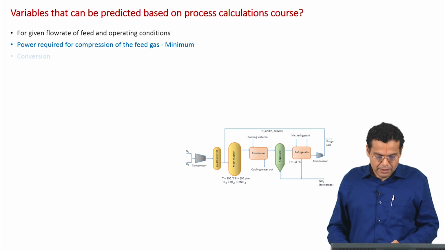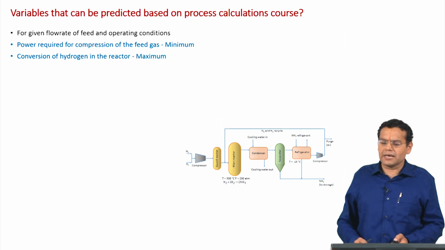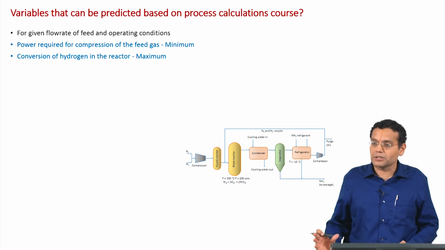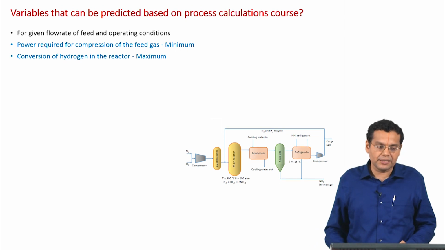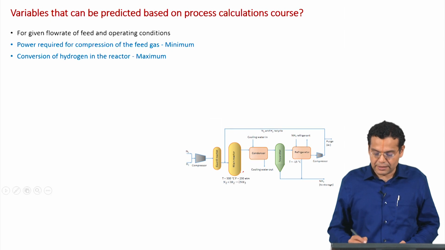Now, we can find out the conversion of hydrogen in the reactor, and the maximum possible conversion, using the law of mass action.